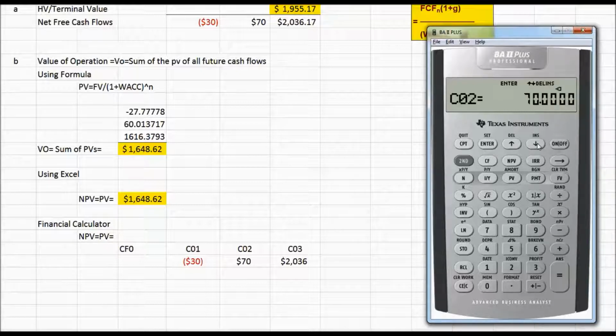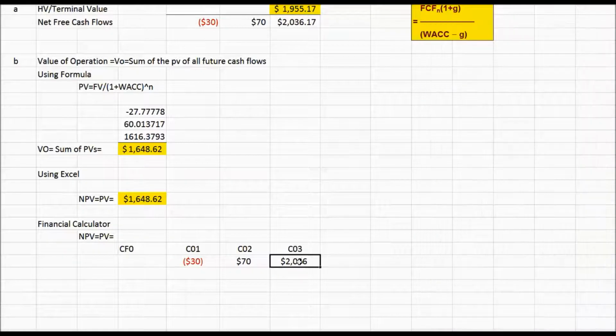Enter, go down. How many times are you getting that $70? Just one time, right? So enter, because the frequency of the second cash flow is just 1. Just go down. The third cash flow is 2000.